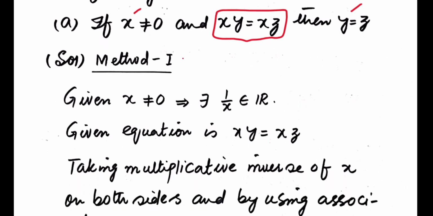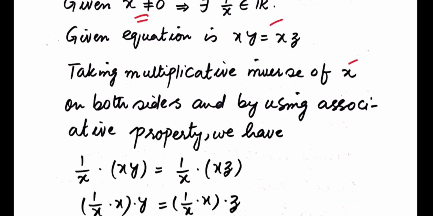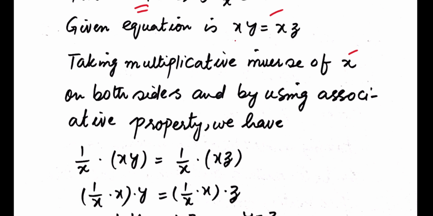Method number 1. Given that x is non-zero, this implies its multiplicative inverse 1/x must exist in R. The given equation is xy equal to xz. So taking the multiplicative inverse of x on both sides and using the associative property, when we multiply both sides with 1/x, we have (1/x)(xy) is equal to (1/x)(xz).